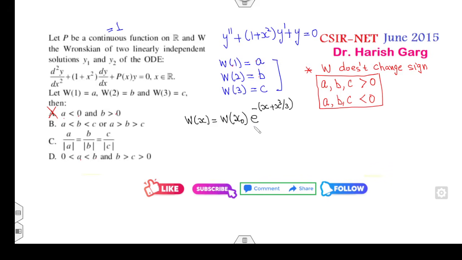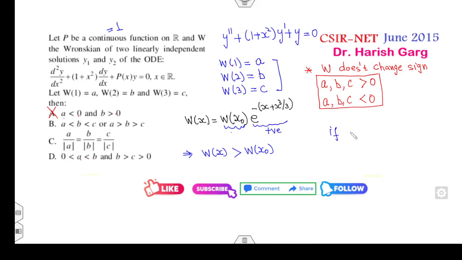Now clearly this portion is always positive, and w of x naught is a constant number. It implies w of x is greater than w of x naught. This number is always positive, so you can say w of x is always greater than 1.